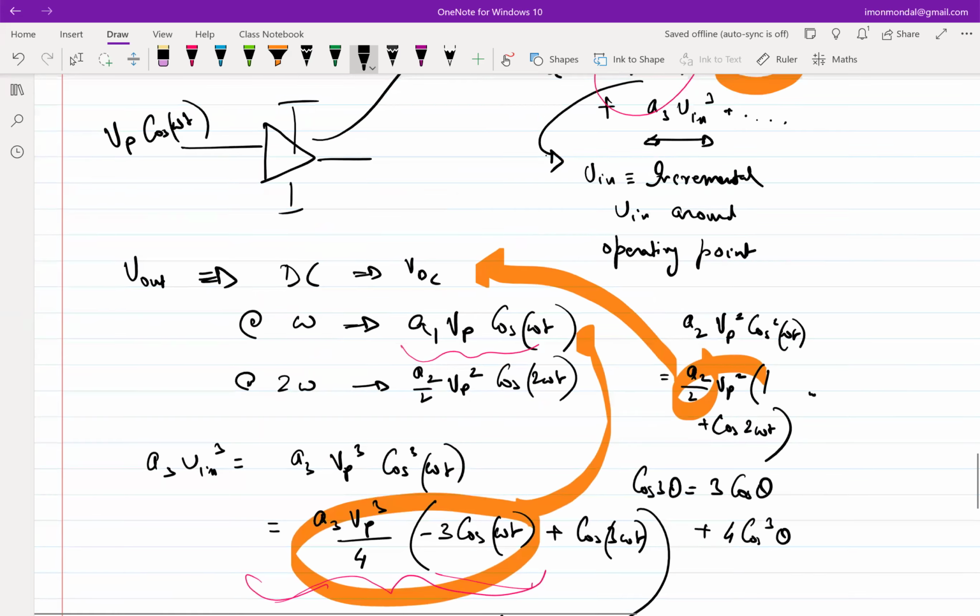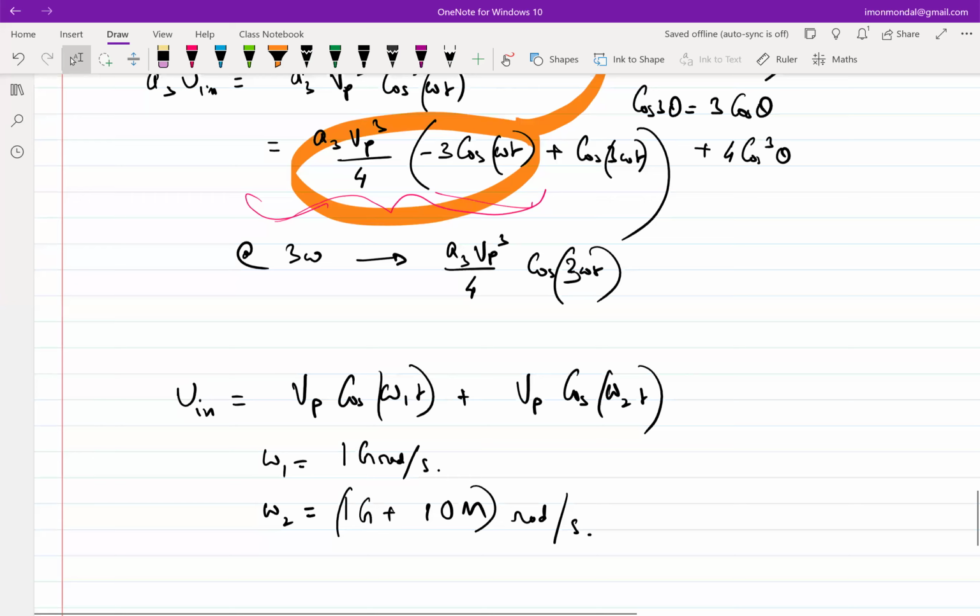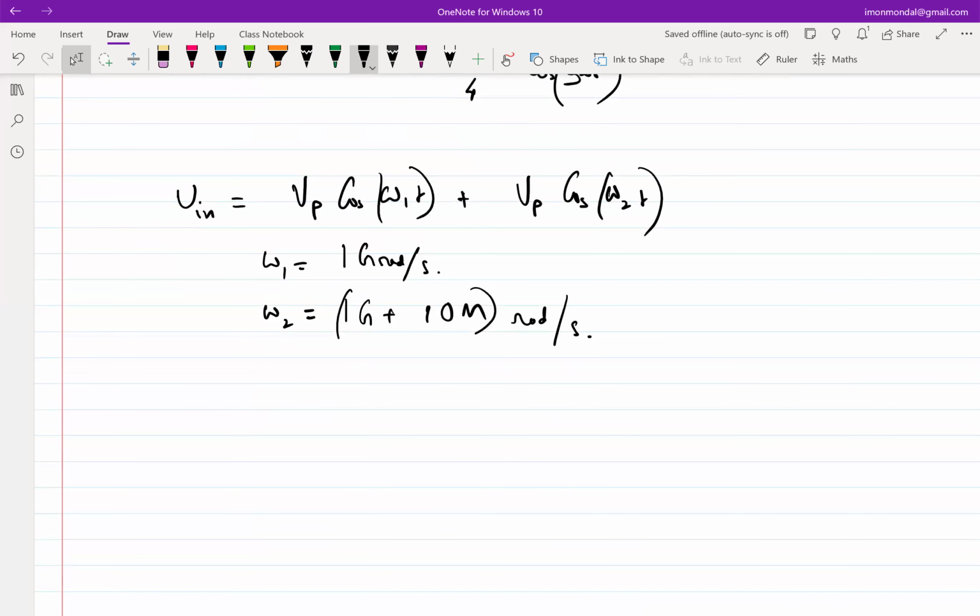So what's going to happen? The A1 Vp term at omega is fine. The fundamental is fine, that's what we want. Let's concentrate on the cubic term. If I expand this, I am going to have Vp cubed cosine cubed omega 1t plus Vp cubed cosine cubed omega 2t. Then I am going to have some cross product terms. What are the two cross product terms?